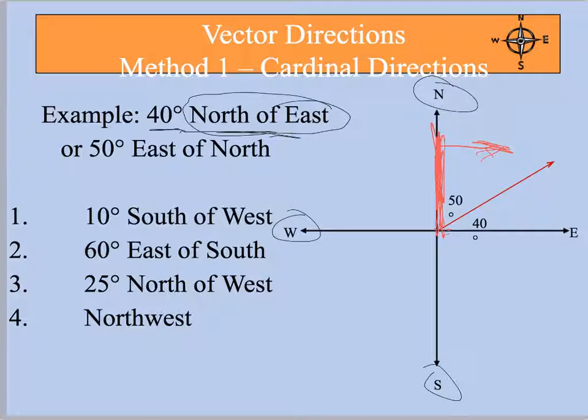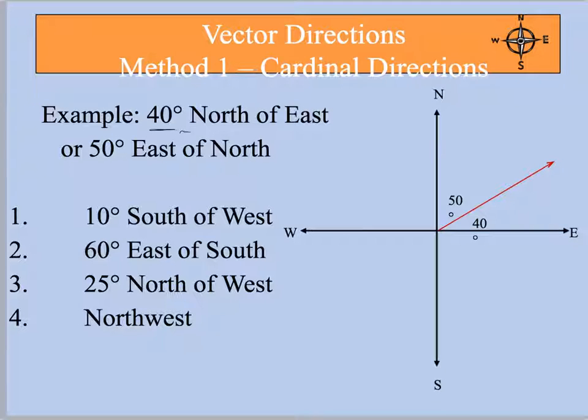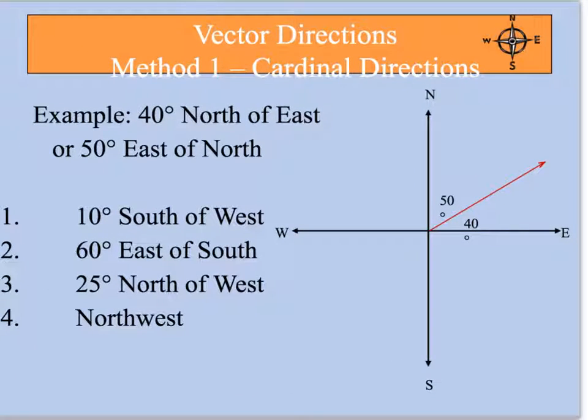These values that you see for the sample problem show us that I could say 40 degrees north of east or 50 degrees east of north and still mean the same vector. And we have some other directions here. So let's take a look and see how we would go about identifying where they would be. 10 degrees south of west.